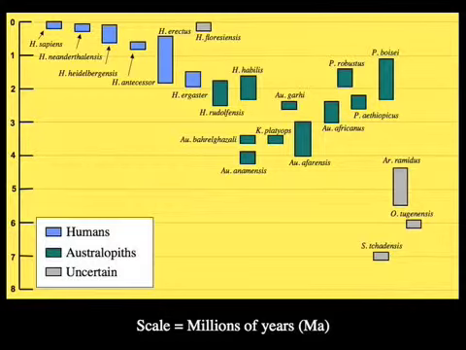We've got a group in this green colour that I'm going to refer to as the Australopiths, and this blue colour that I'm going to refer to as humans. And so let's just start off with the species of uncertain status, which date back to 7 million years, potentially.